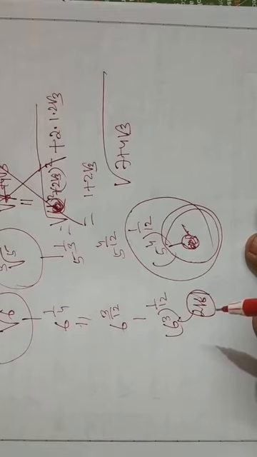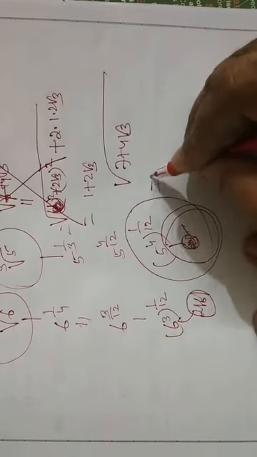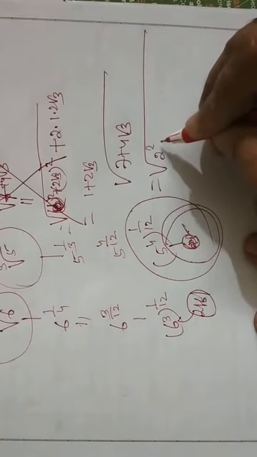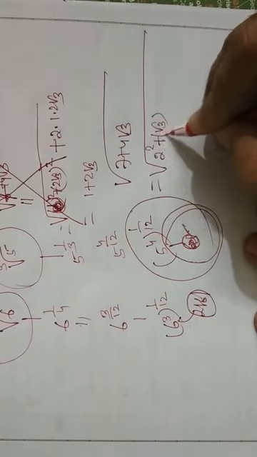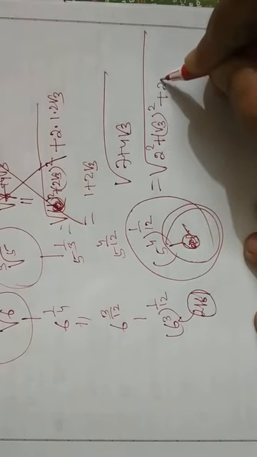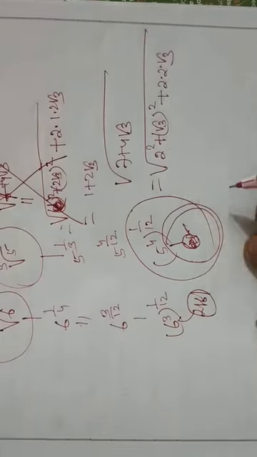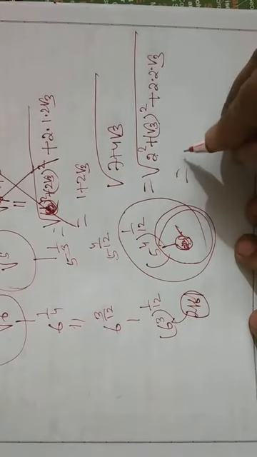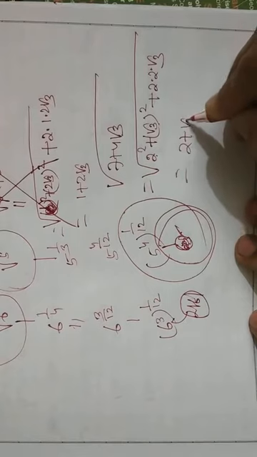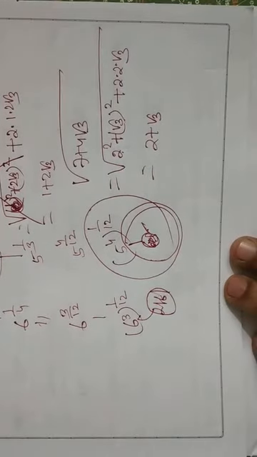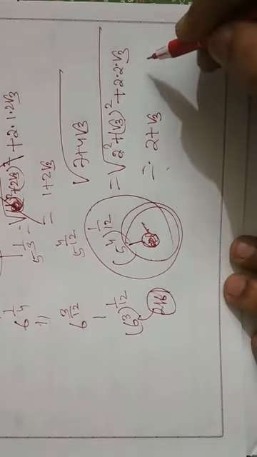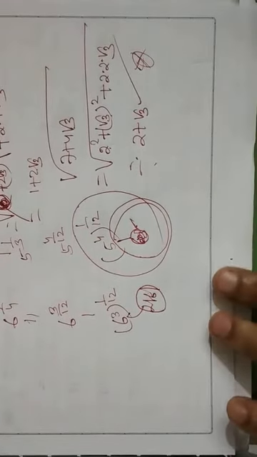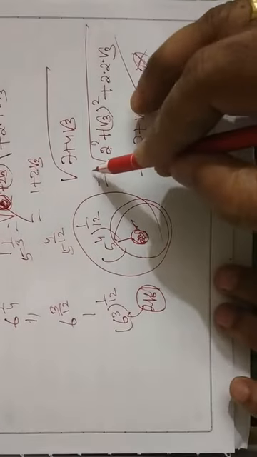Shall I write this as 2 square plus root 3 square plus 2 into 2 into root 3? Any problem? This is 4 plus 3, 7, plus 4 root 3. So it is 2 plus root 3. Am I right? Shall I write plus minus here? No. Forget. Getting the idea?